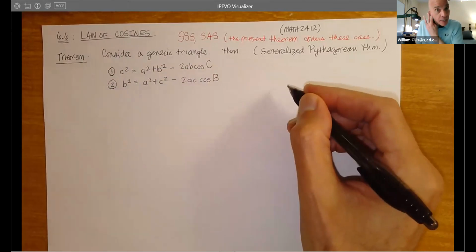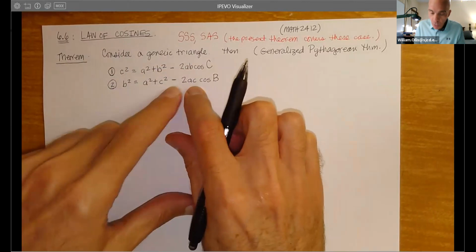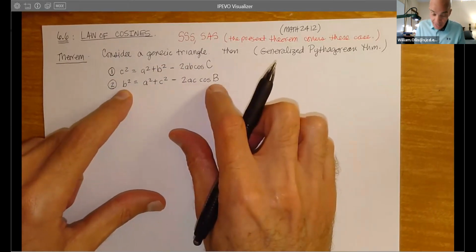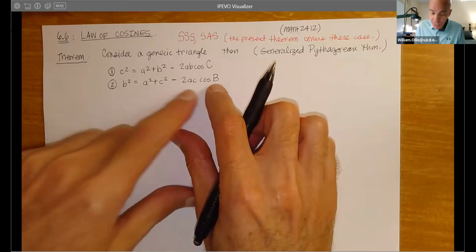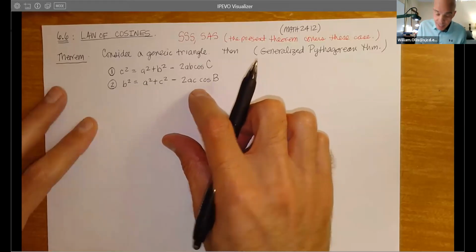So what you're seeing here, it's kind of easy to remember. The letters you put here go in the product, and then the angle corresponds to the side opposite. So this generic triangle labeling is really nice, and it makes it easy to remember these.